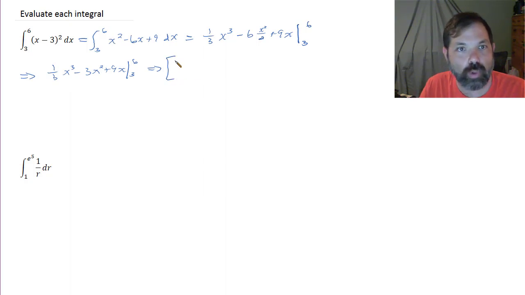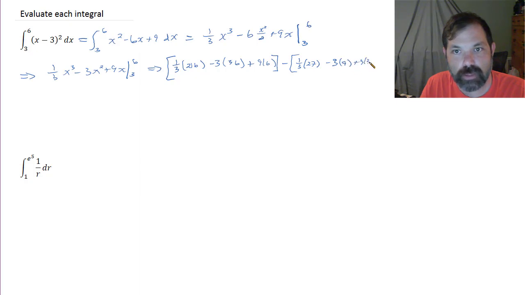So I'd have 1/3 of 6 cubed, which is 216, minus 3 times 6 squared, which is 36, plus 9 times 6. And from that I need to subtract, substituting at 3, 1/3 of 27 minus 3 times 9 plus 9 times 3.